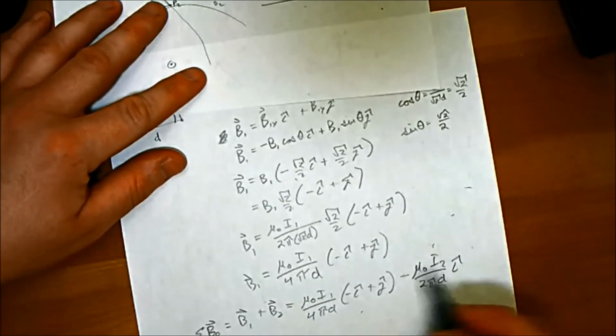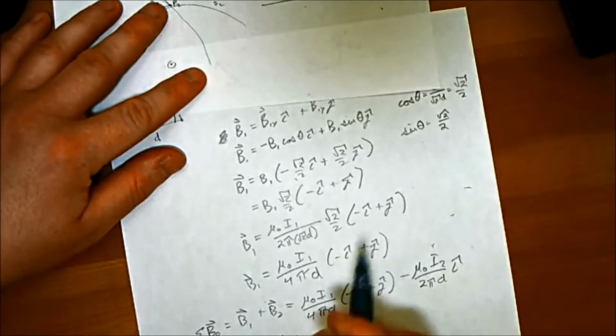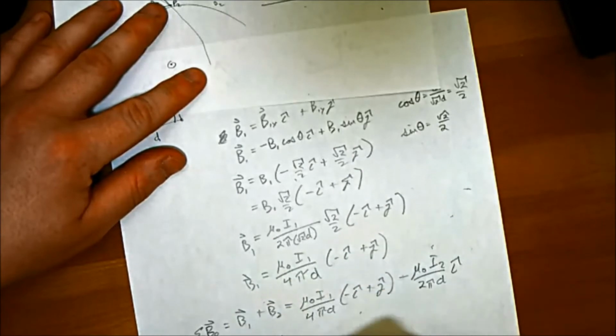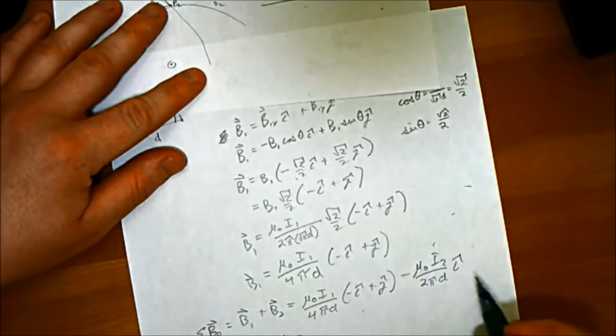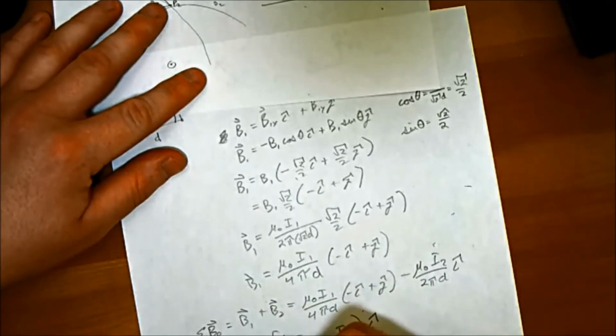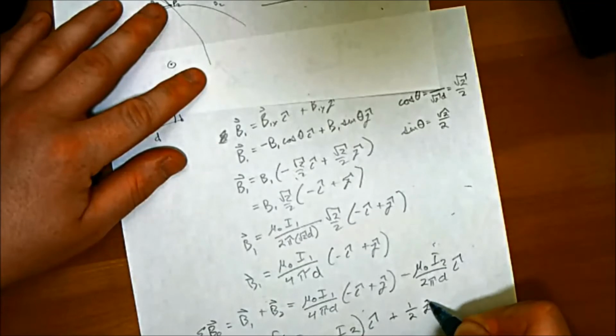For the I hats, it would be negative I1 over 2, and minus just I2, I hat, plus 1 over 2 j hat.